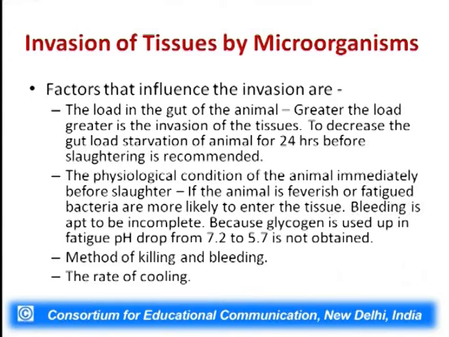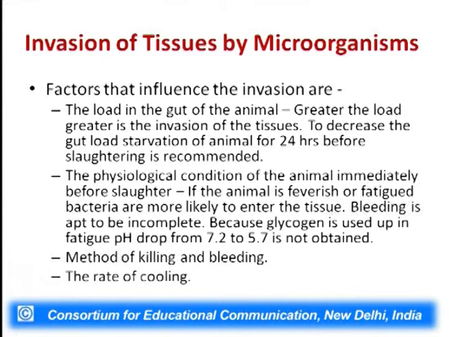Another factor is the physiological condition of the animal immediately before slaughter. If the animal is feverish or fatigued, then bacteria are more likely to enter the tissue. Bleeding is apt to be incomplete in such conditions. Glycogen is used up in fatigue, and the pH drop from 7.2 to 5.7 is not obtained, and this results in an increased number of microorganisms.